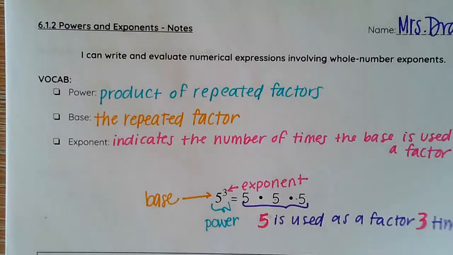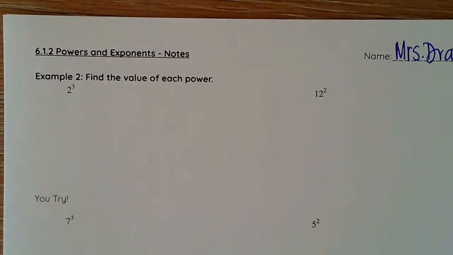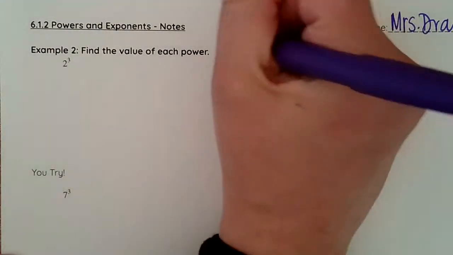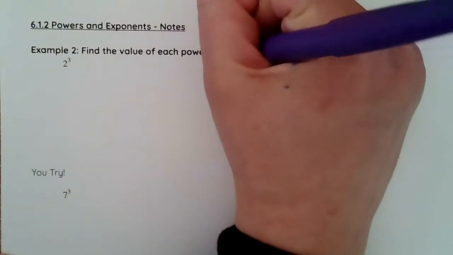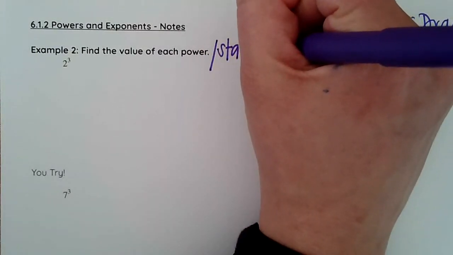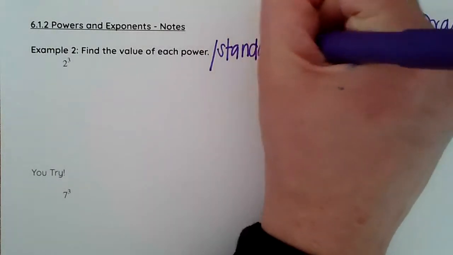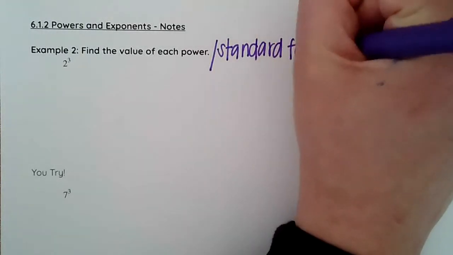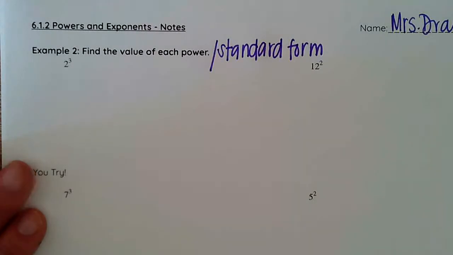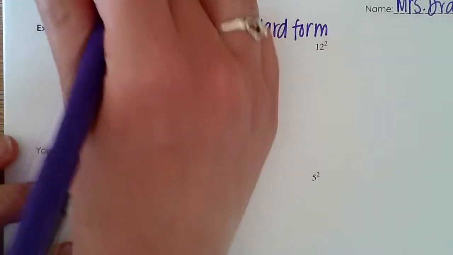All right, we've got 2 more types of problems that you will encounter. The first one is when you need to find the value of that power. So that means you need to write your power in standard form. And you need to do that by starting with expanded form. So take a look here. If I have 2 to the power of 3, I'm going to expand that out.